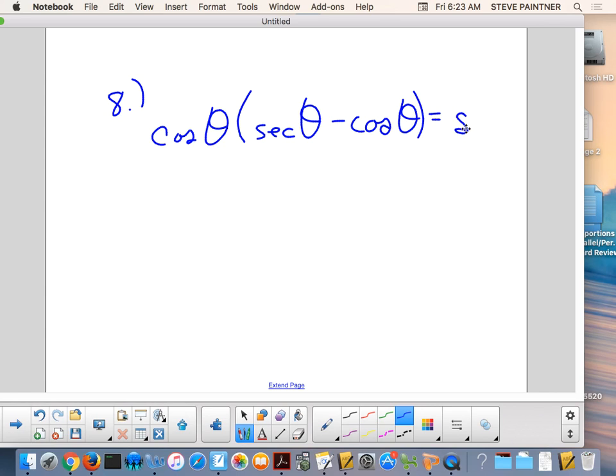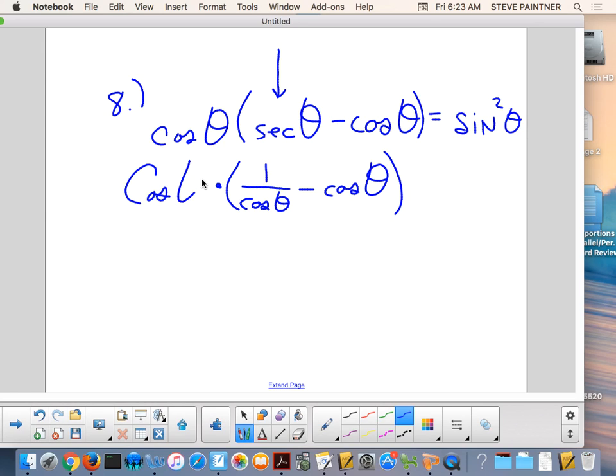Oh, sine squared. Okay, now, looking at this over here on the left side, you could change this if you wanted to. You could change it right now to 1 over cosine of theta minus cosine of theta, times cosine of theta.